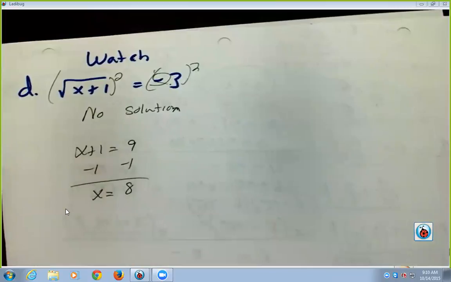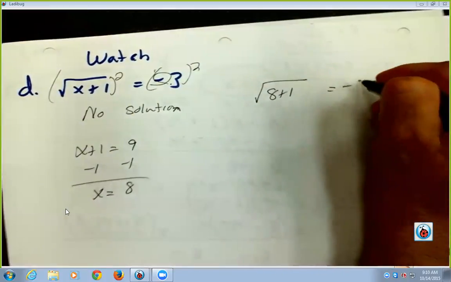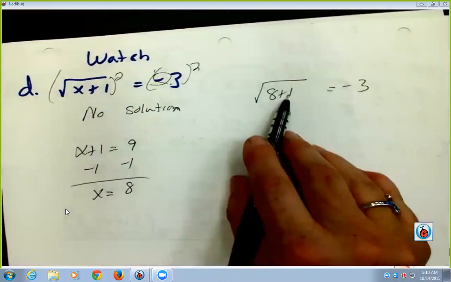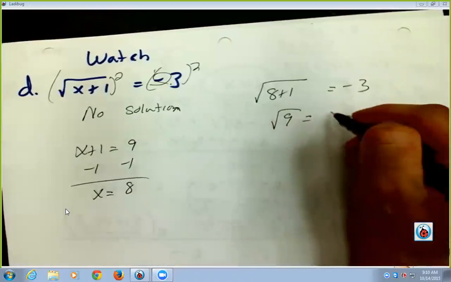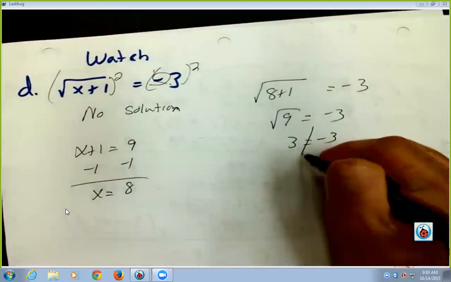But if you follow your tradition with this, and if you can't remember that you can't get a negative, if you follow what we've been doing, I need to check it. So if I check it, I get the square root of 8 plus 1 is equal to a negative 3. 8 plus 1 is 9, but the square root of 9 is a positive 3, not a negative 3.